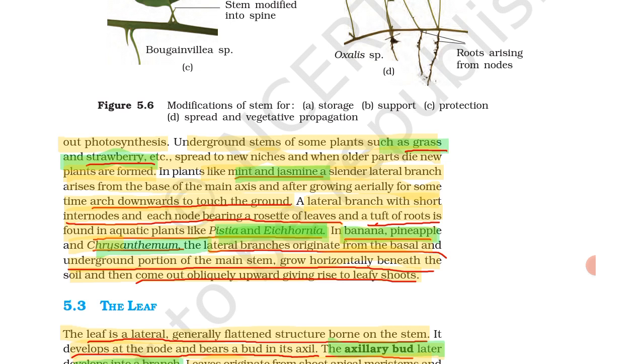The next is where lateral branches originate from the basal and underground portion of the main stem, grow horizontally beneath the soil, and come out obliquely upward, giving rise to leafy shoots.